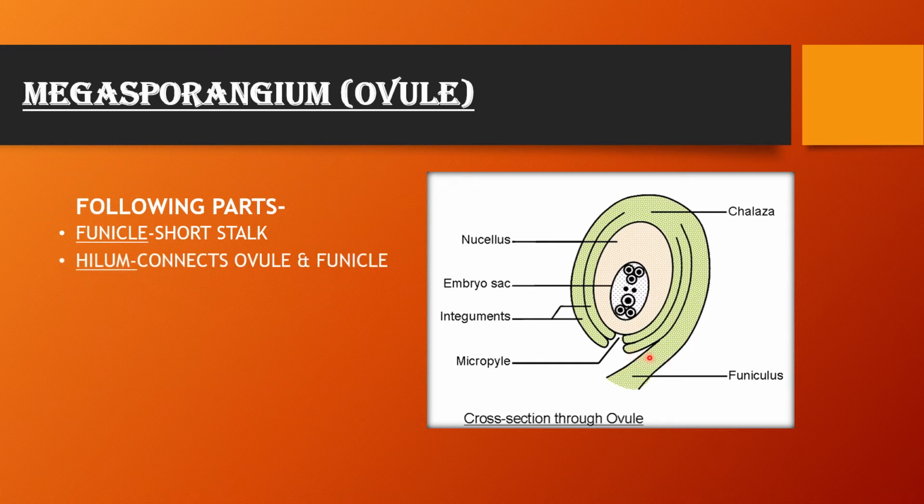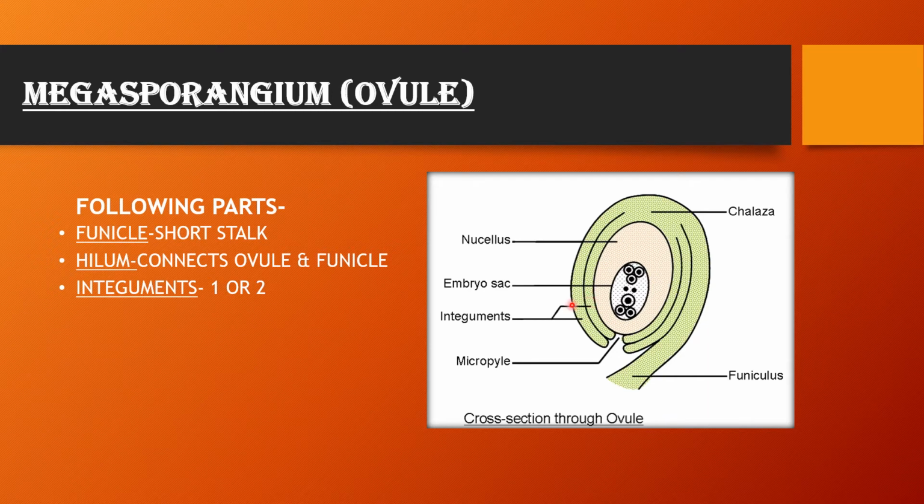Second one is the hilum, which is the junction between the ovule and funicle. You can see this region is called the hilum, which is the connection of ovule with the funiculus. Next one is integuments. There are one or two coverings over the main body of the ovule, and that covering is protective in nature, and these are called integuments.